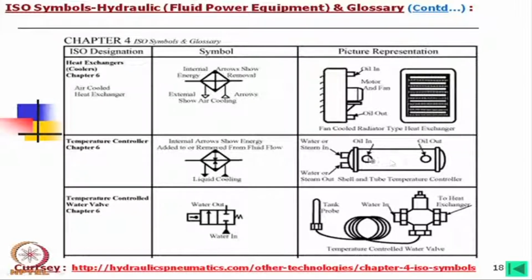So, oil is going in, oil is going out, which we are using in the system, and here if we would like to cool it, then cold water is going inside and going out, and if we would like to heat it, then we use steam. In that case we find the arrows are in both directions. That means the same component can be used as a cooler as well as a heater. So, this is a special symbol, and it is operated by some liquid.